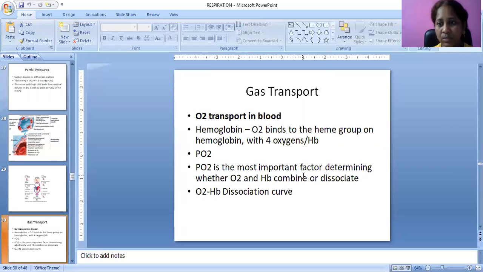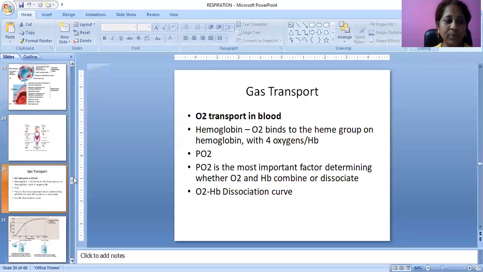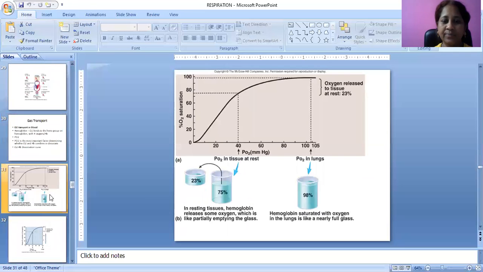PO2 is the most important factor determining whether oxygen and hemoglobin combine or dissociate. Oxygen hemoglobin dissociation curve: partial pressure of oxygen on the x-axis and hemoglobin saturation on the y-axis.